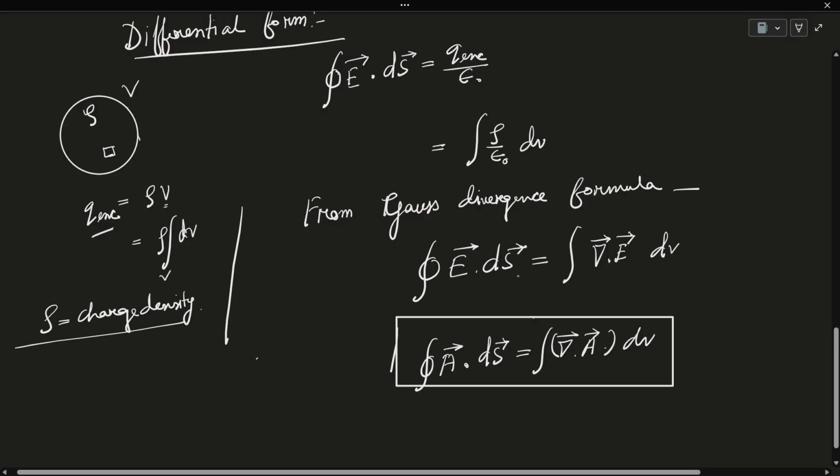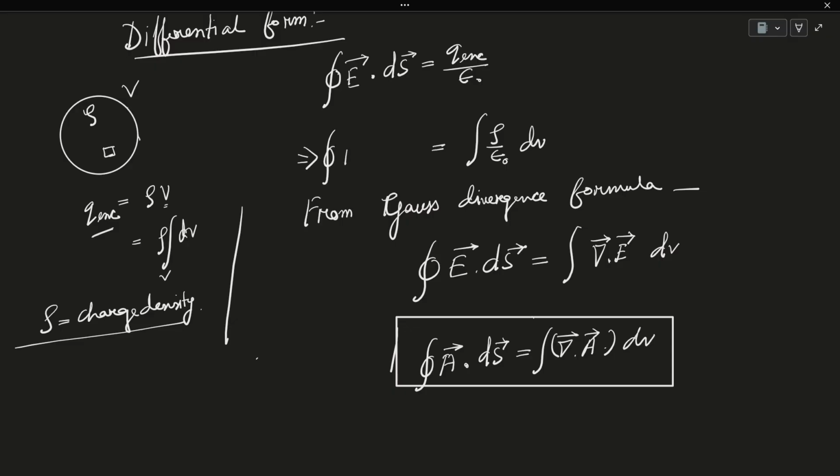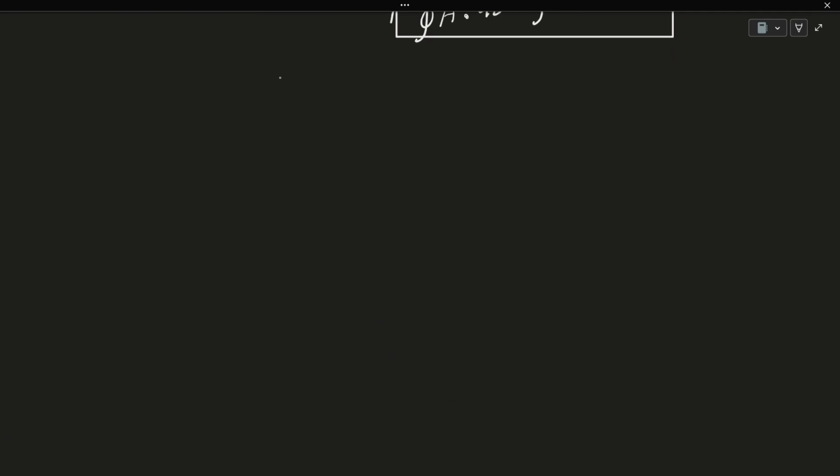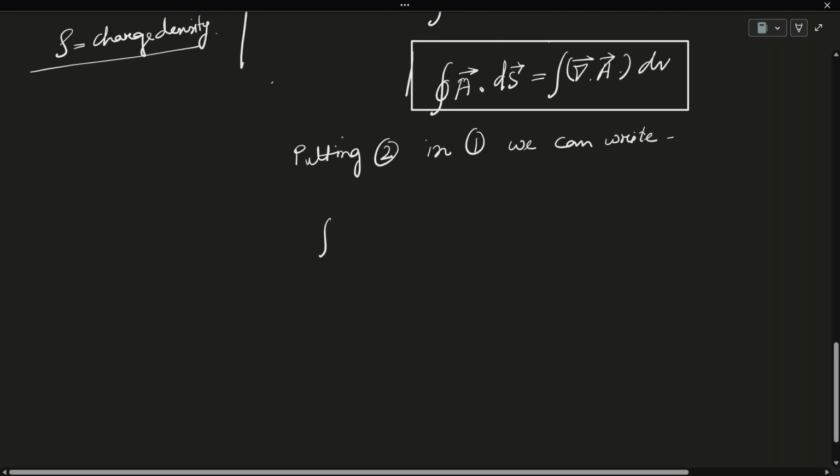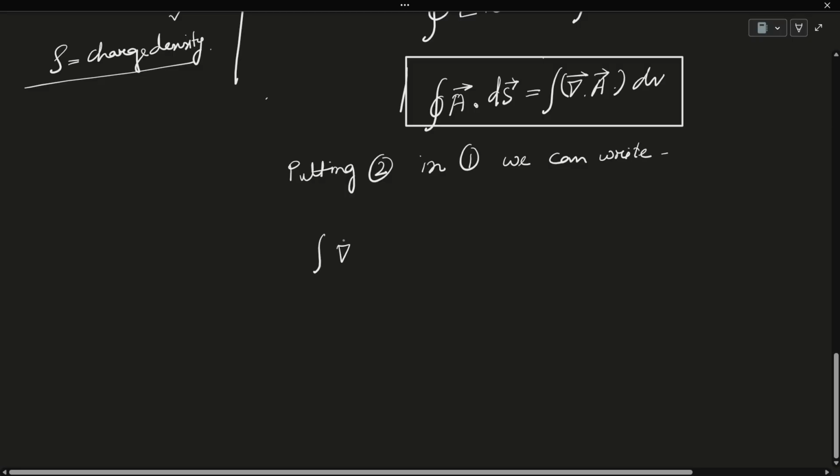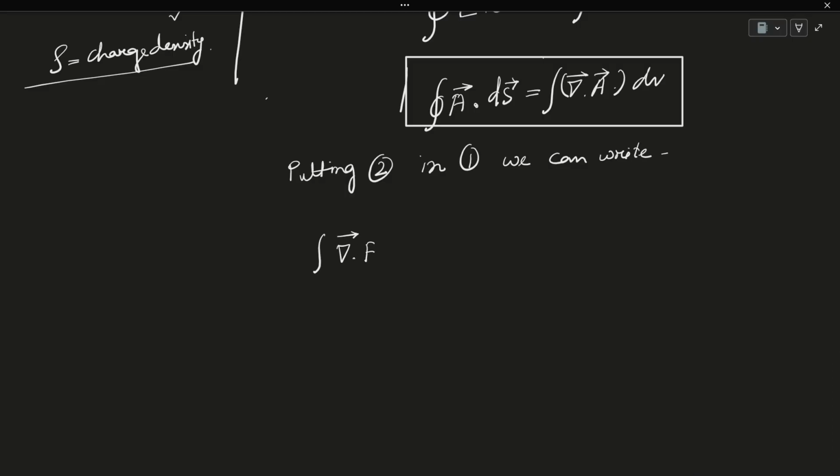So this is from the Gauss divergence formula. E dot ds, this is equation 1, and if this is equation 2, then putting 2 in 1, we can write that the divergence of the electric field and its volume integration will be equal to the integration of rho by epsilon naught dV.